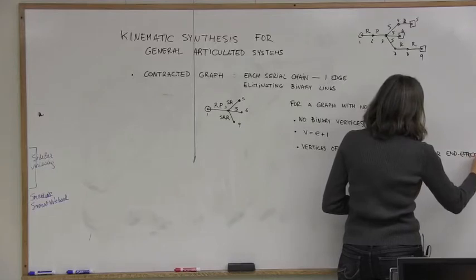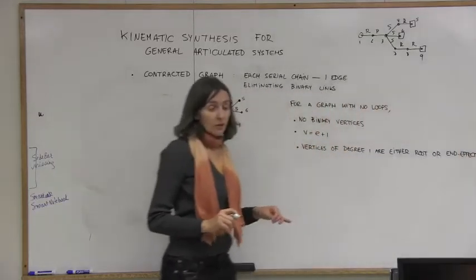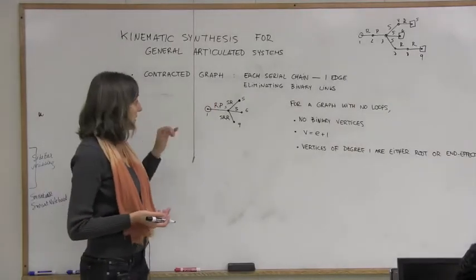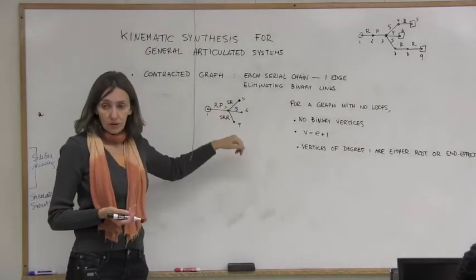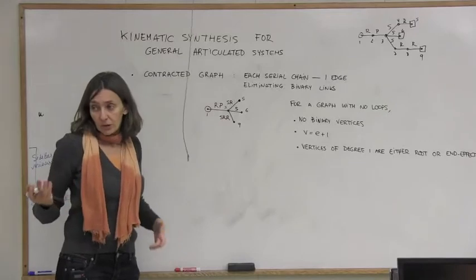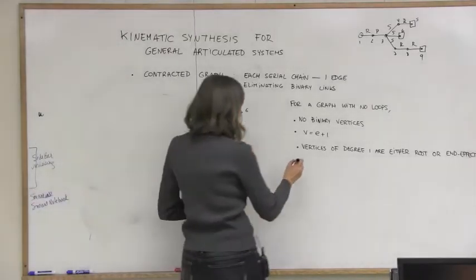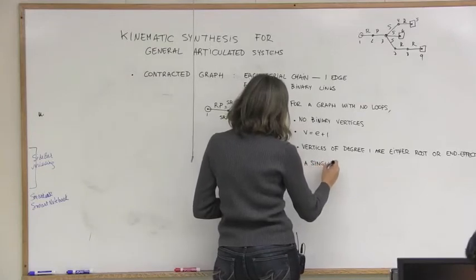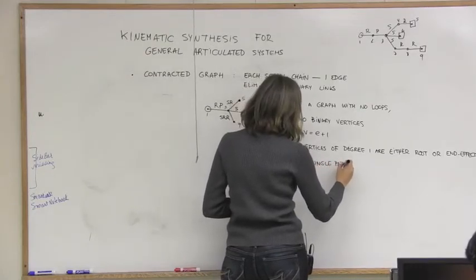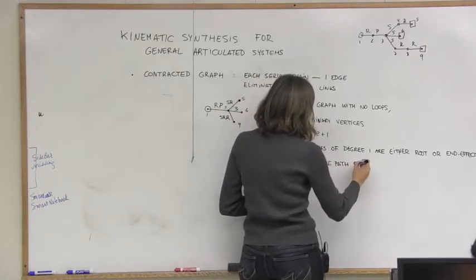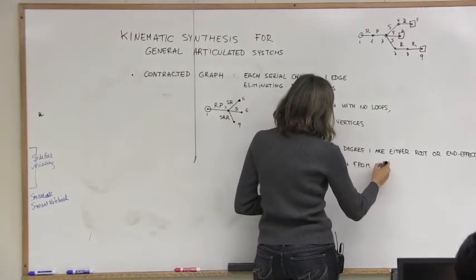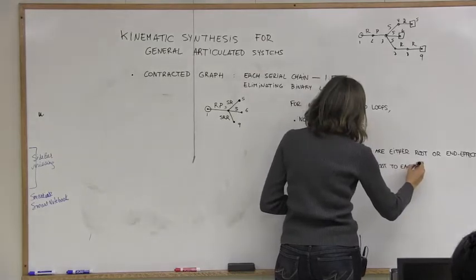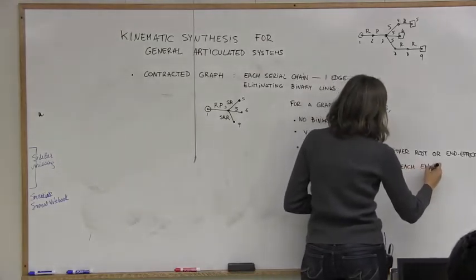And then there is another characteristic because we don't have loops. That's not because of the reduction. Is that there is a single path to go to a given end effector. A single path from root to each end effector.